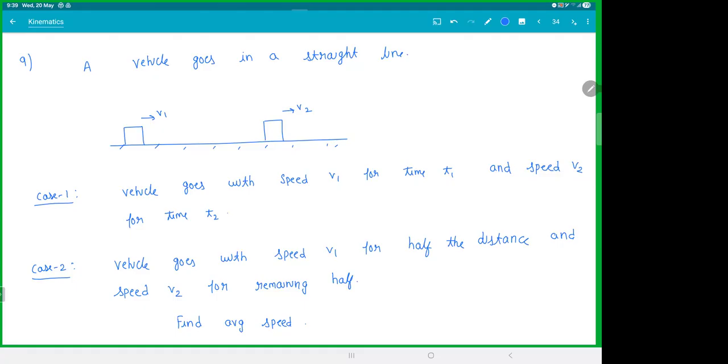Clear, everyone? They didn't give you the distance. Nothing is mentioned. So answer comes in terms of V1, V2, T1, T2.